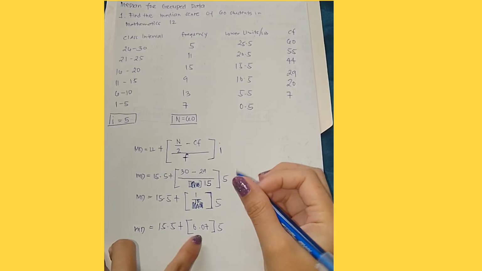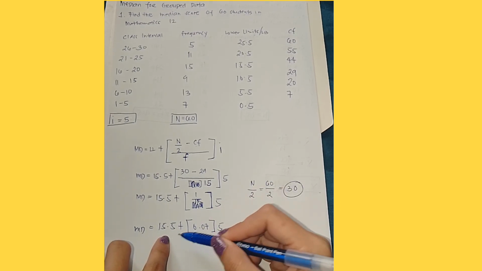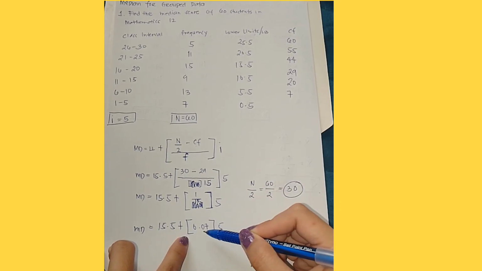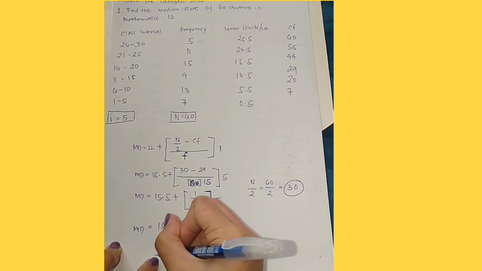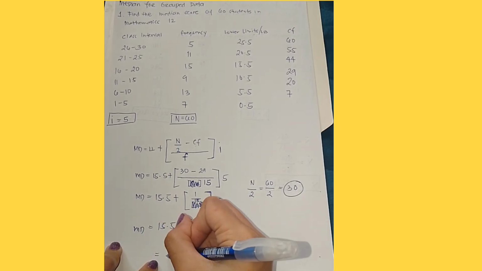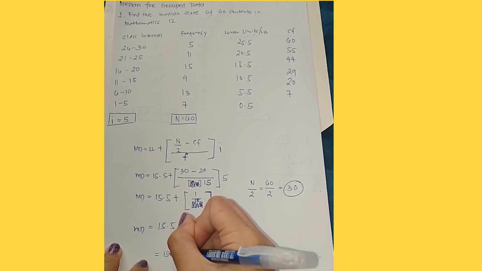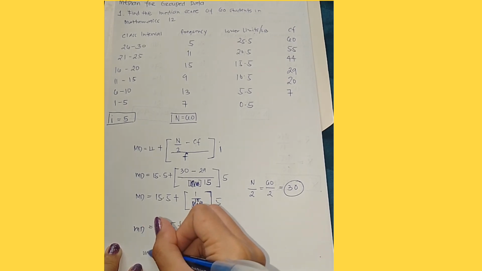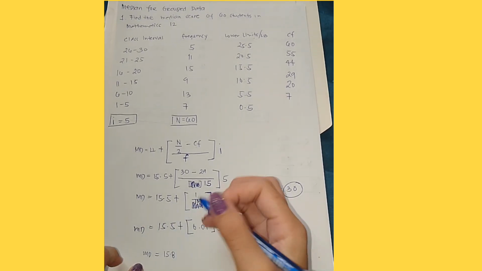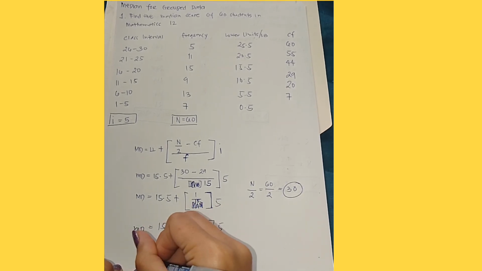So, now, we need to calculate this. 15.5 plus 0.07 times 5 is equal to 15.8. And now this is our median for grouped data, 15.8.